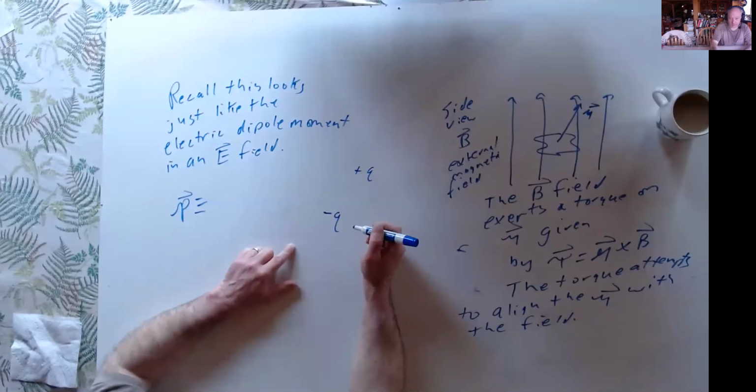This is the electric version, and this is the magnetic version. And again, the torque from that E field tries to take that P and align it with the field. So what we're going to do is derive this. I'm going to take a special loop because it turns out if you take a generic loop, it's tricky to show. So we're going to take a rectangular loop, and I want to show you that this pops right out here. Okay, so I'm going to pause there. Are there any questions with this?